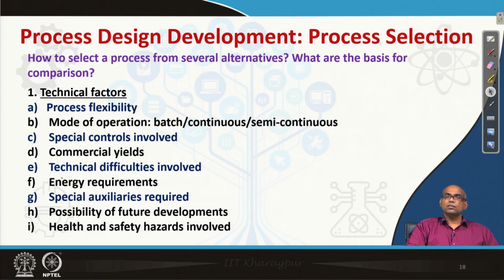Under technical factors, we need to consider process flexibility, mode of operation, batch, continuous, semi-batch or semi-continuous, special controls involved, commercial yields, technical difficulties involved, energy requirements, special auxiliaries required, possibility of future developments, health and safety hazards involved, etc.